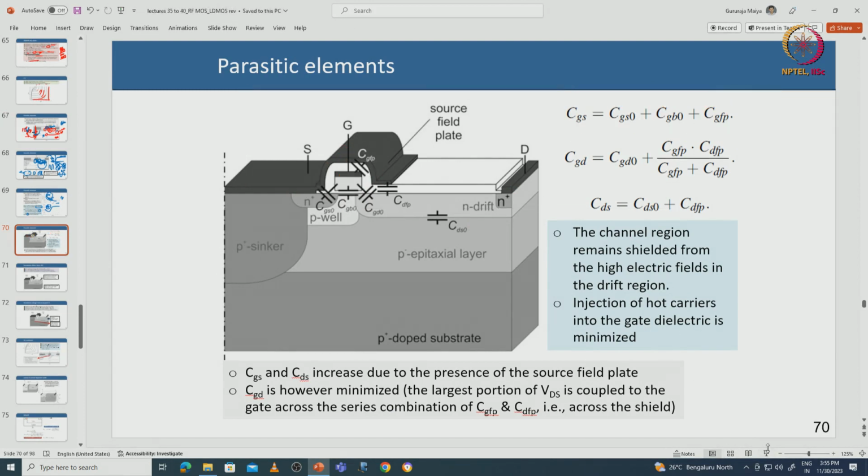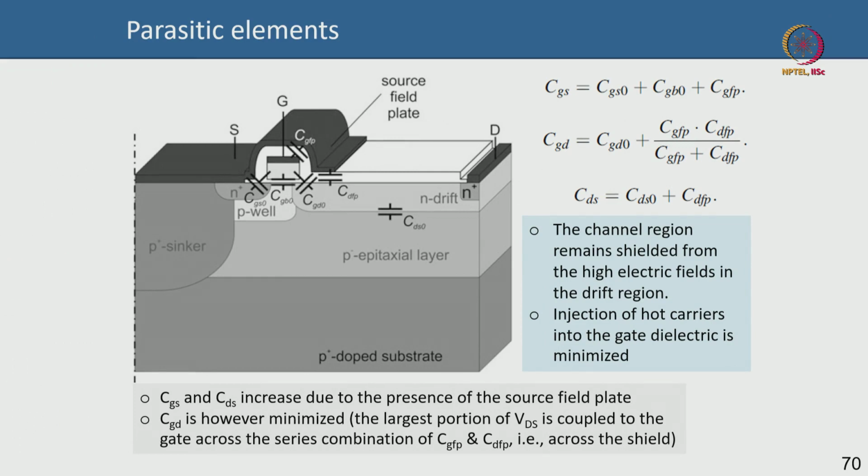Now, what is the gate to drain capacitance? So, this is gate, this is drain. What are the capacitances? CGDO, this is the intrinsic gate to drain coupling, of course, right. And in parallel you have two capacitors in series. One is that this gate is coupling to the source field plate metal, which is coupling to the drain here, because this is the drain extension.